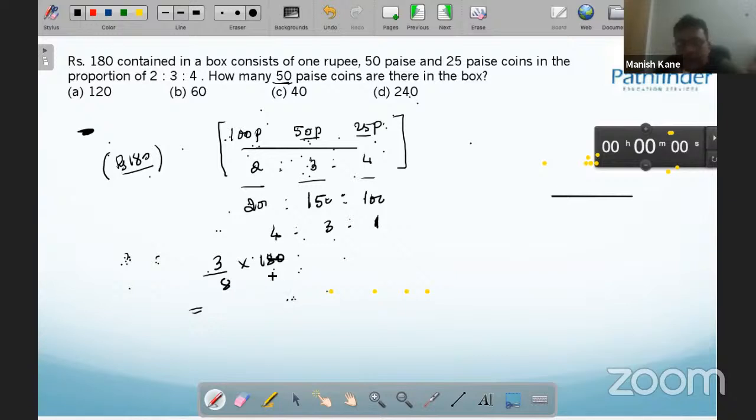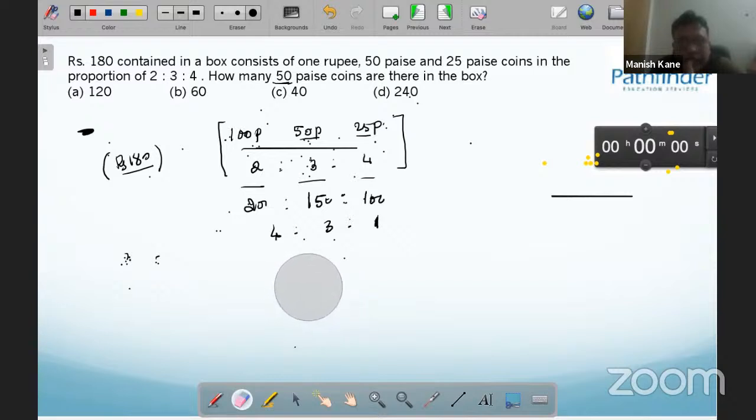So how much do you get? 3 by 8 into 180 will give you 8 twos are 16, and 8 fives are 40. So I think I've made a mistake somewhere. Have I made a calculation error?